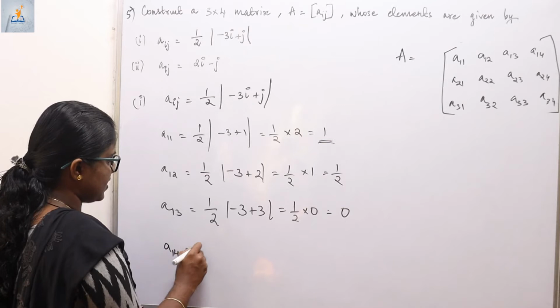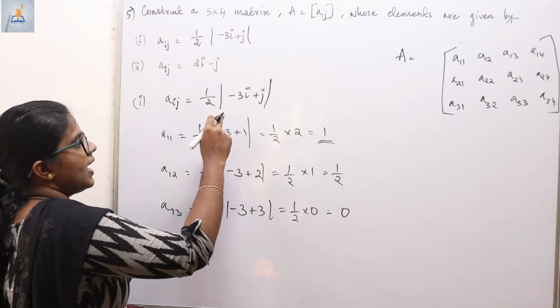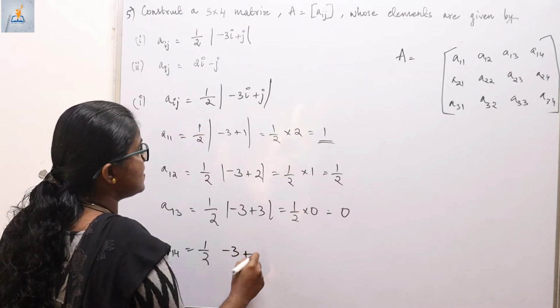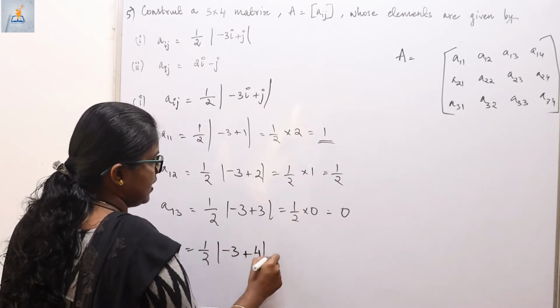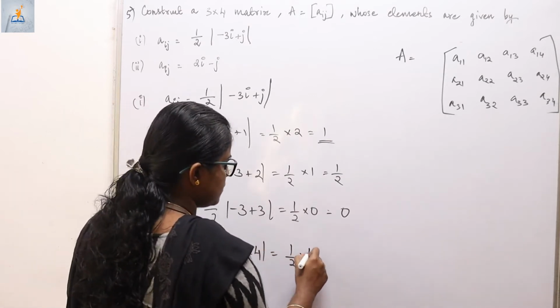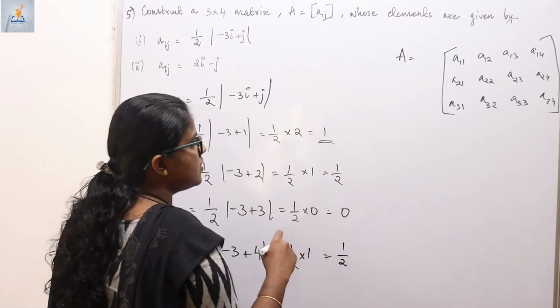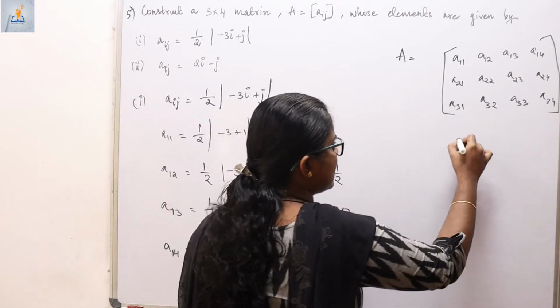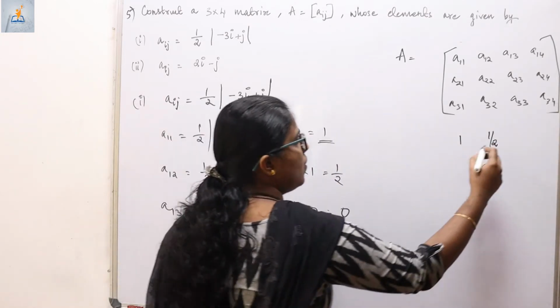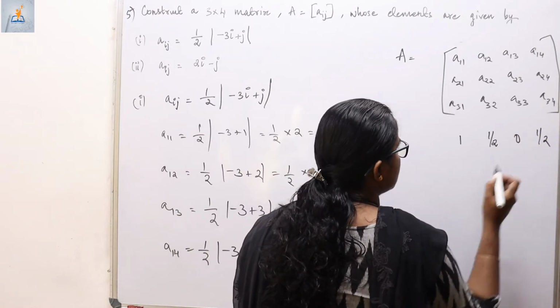Next we have A14, that is half times, i is 1 and j is 4, that is negative 3 plus 4, and what is negative 3 plus 4? It is 1. So we are going to get half. So we got the first row like this, that is 1, 1 by 2, 0 and 1 by 2.